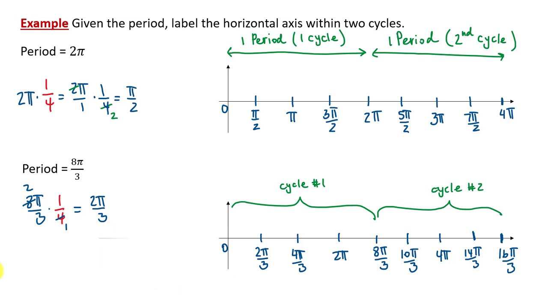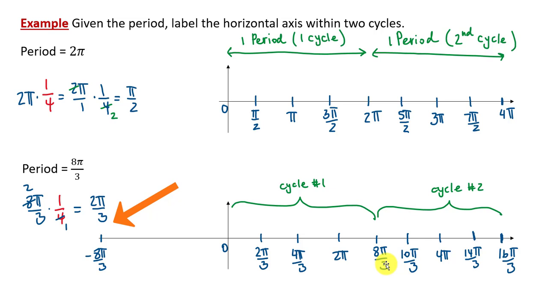Let me show you. If I extend the horizontal axis to the left of 0, as I already said, we're going to have negative values, and they're pretty much mirror reflections of the positive values on the right-hand side. So I already have all the numbers I need. I'll just have to attach negative signs to them. So that's where I'll place negative 8 pi over 3.